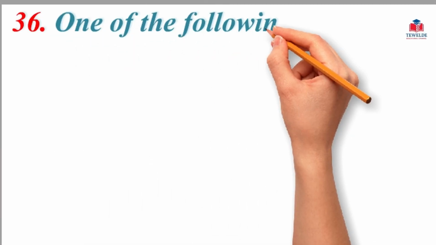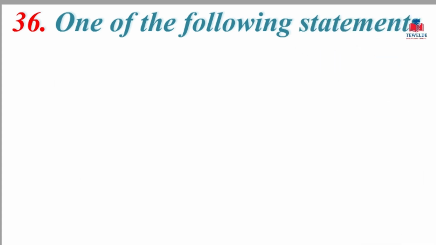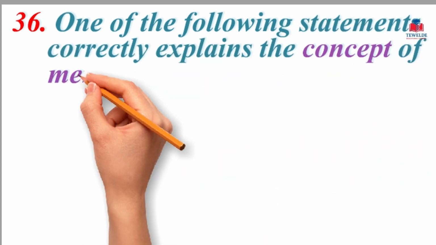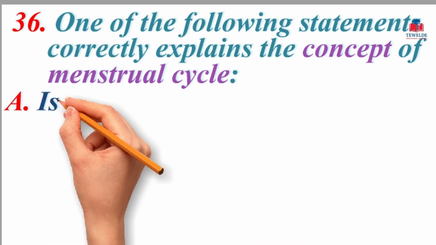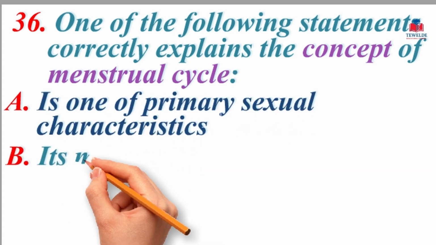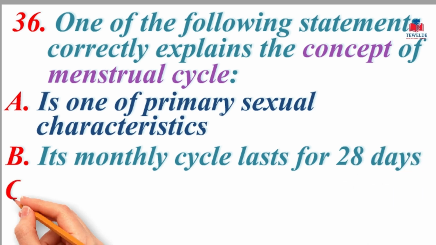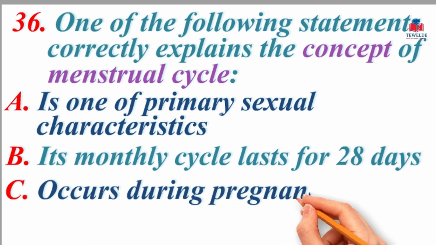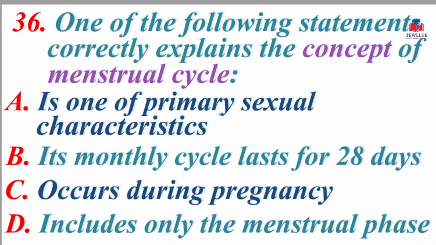Question number 36. One of the following statements correctly explains the concept of menstrual cycle. A. Is one of primary sexual characteristics. B. Its monthly cycle lasts for 28 days. C. Occurs during pregnancy. D. Includes only the menstrual phase.